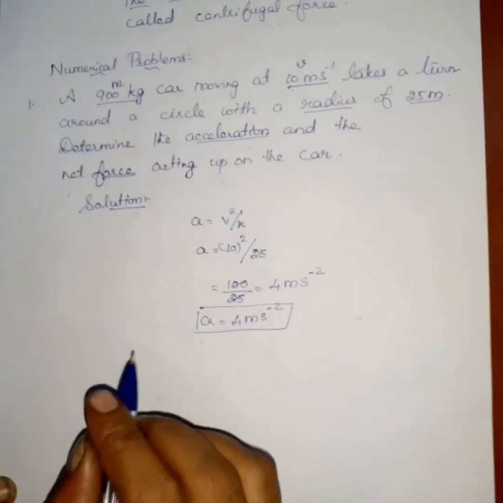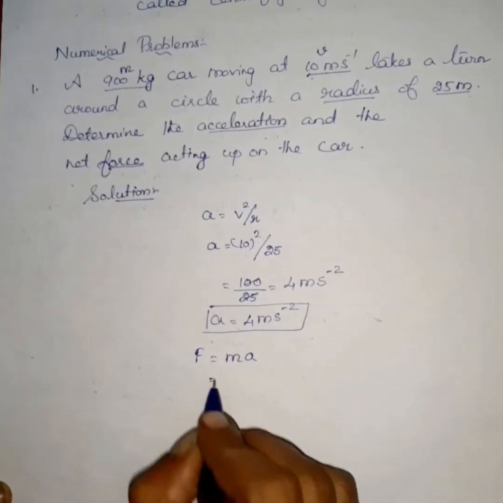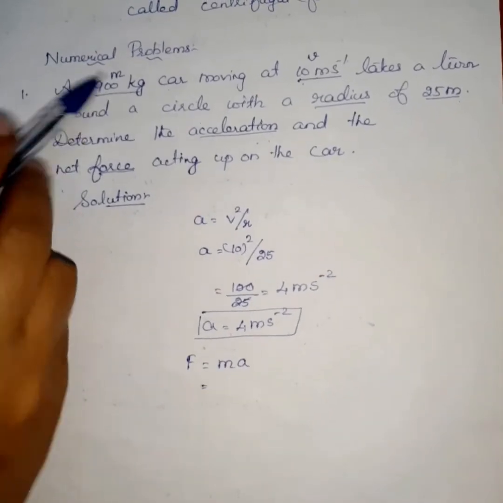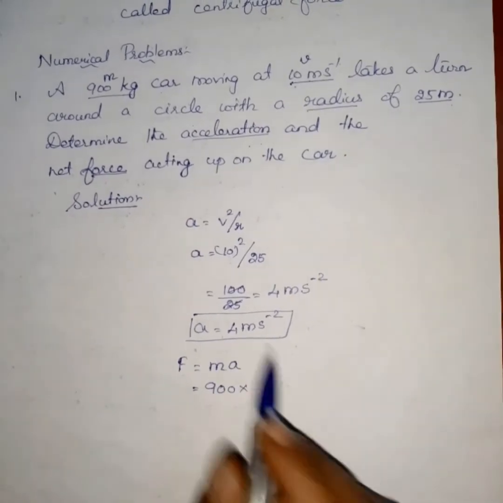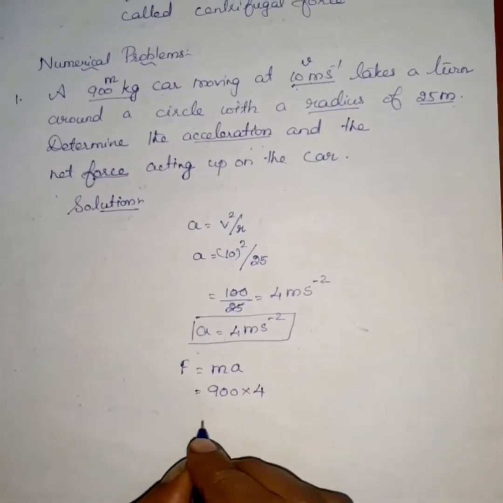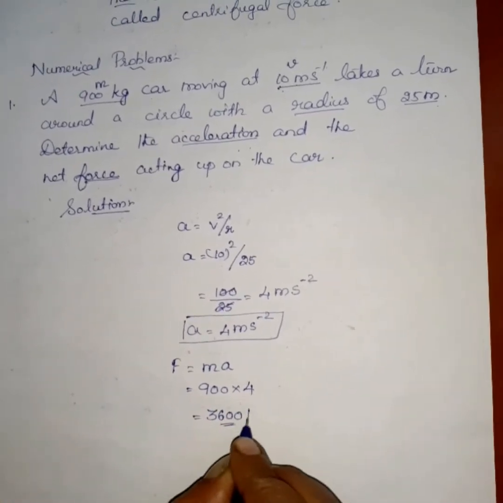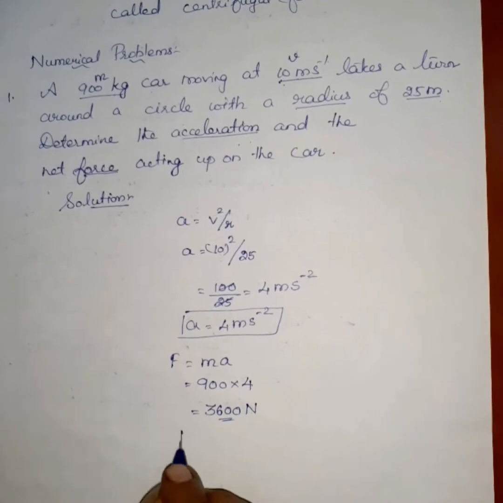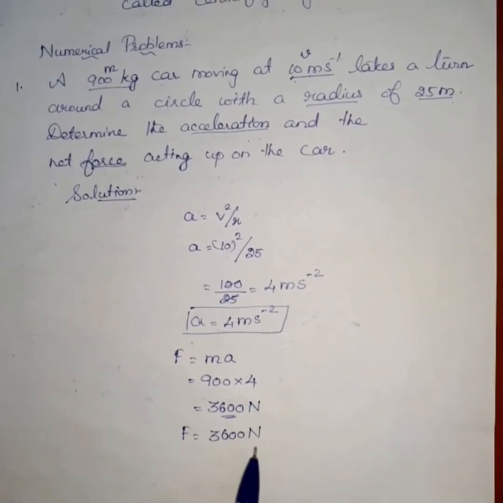Next, force. F is equal to ma. Here the mass is 900 kg, so 900 into the acceleration, 4. You multiply the values: F is equal to 3600 Newton. What is the unit of the force? Newton.